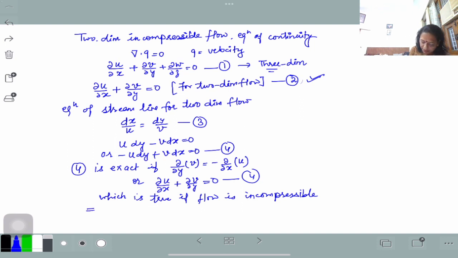So this implies that 4 is exact. And since it is exact, it simply means there exists a function such that the total derivative of that function is equal to the left hand side of equation 4. 4 is exact implies there exists such a function, where 4 means the left hand side of 4.